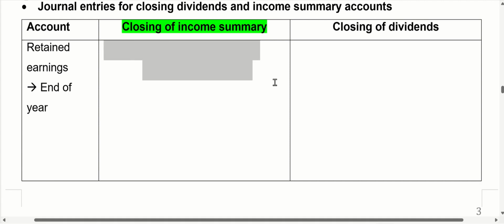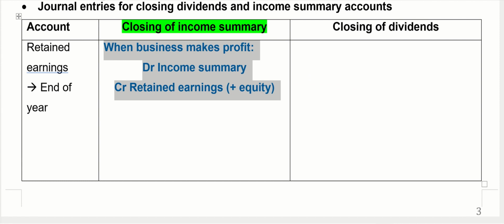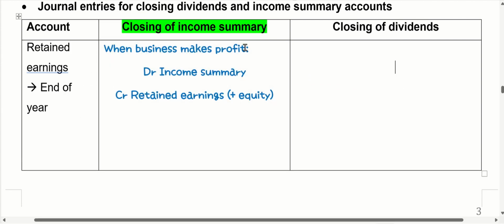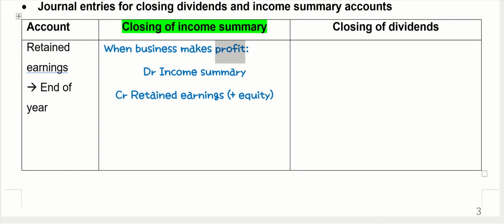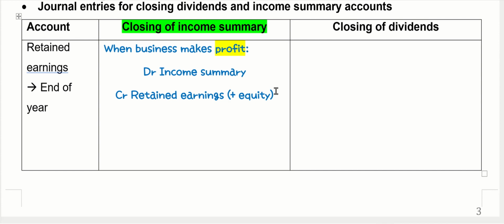So how do you record it if you have a profit? If you make a profit, your business earned money, this is the double entry that you should record: debit income summary and credit retained earnings. Income summary has no plus minus or minus plus, so I should look at retained earnings.